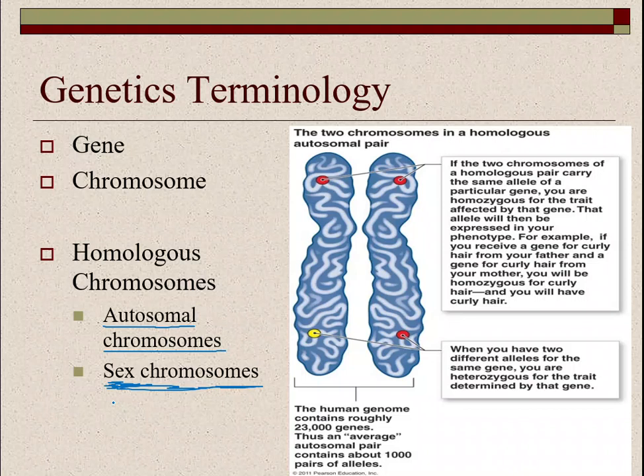Okay, so remember that we have 23 homologous pairs. The first 22 pairs are called the autosomes, and the last pair are the sex chromosomes that determine our sex, if we're male or female.